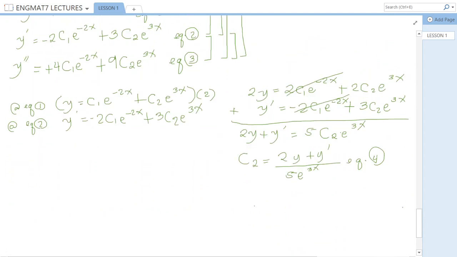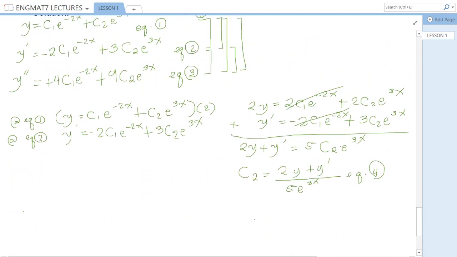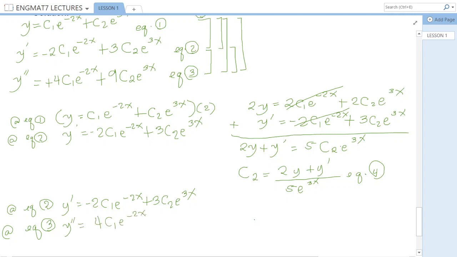Okay, let us continue. At equation 2, y prime is equal to negative 2c1 e raised to negative 2x plus 3c2 e raised to 3x. And then at equation 3, since equation 2 is their common equation, y double prime is equal to 4c1 e raised to negative 2x plus 9c2 e raised to 3x.